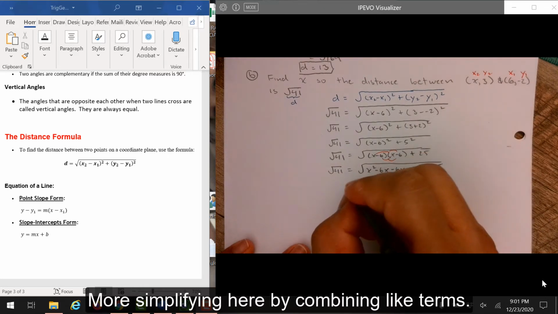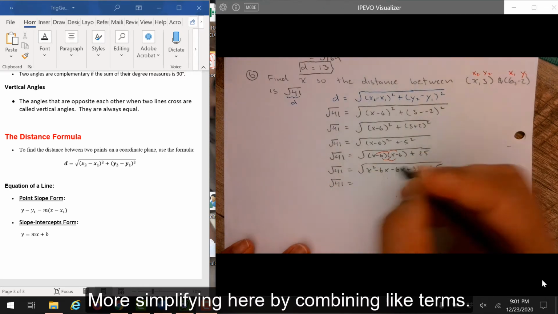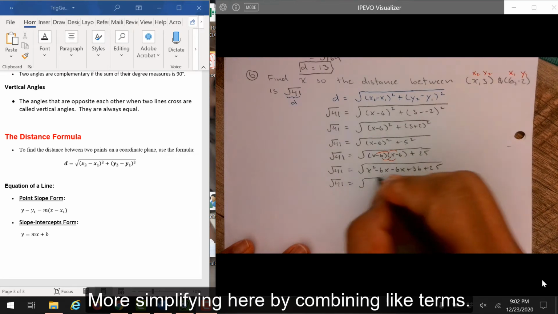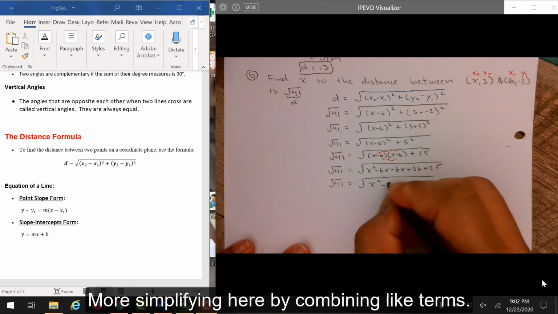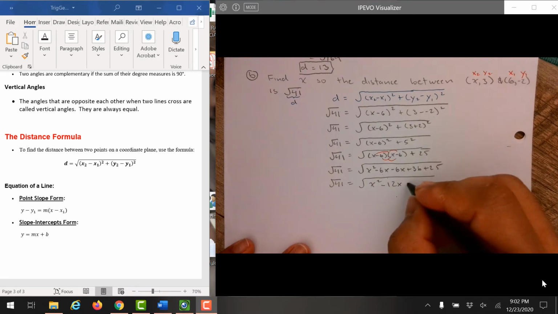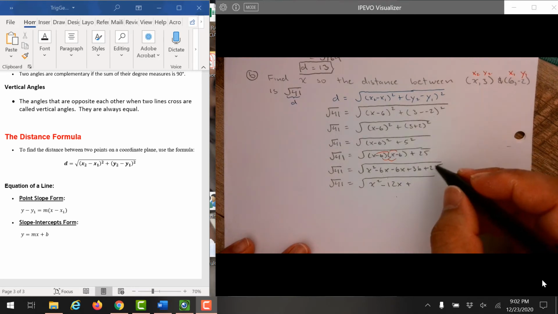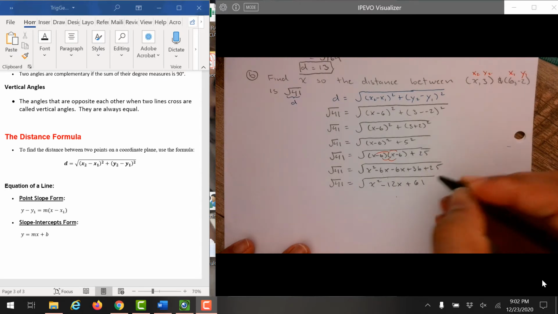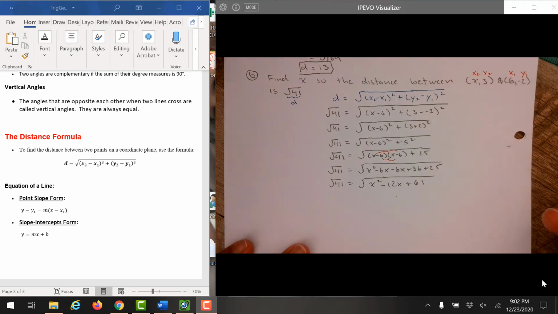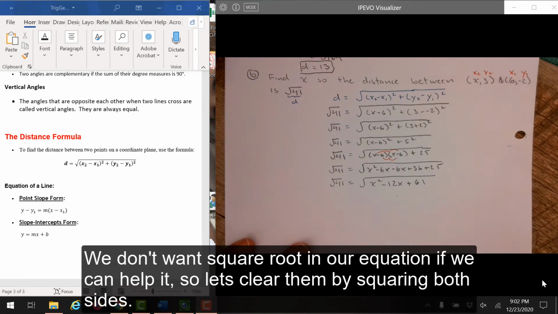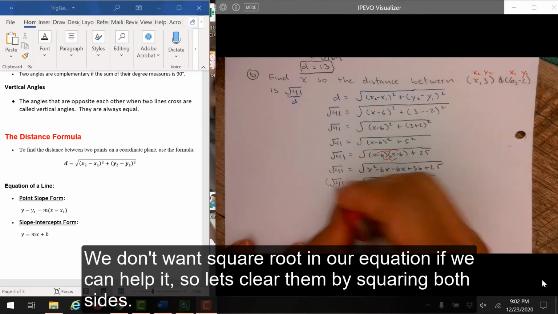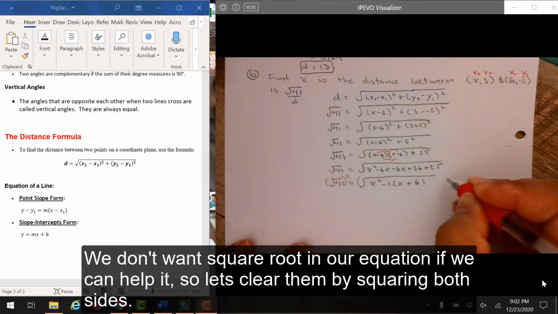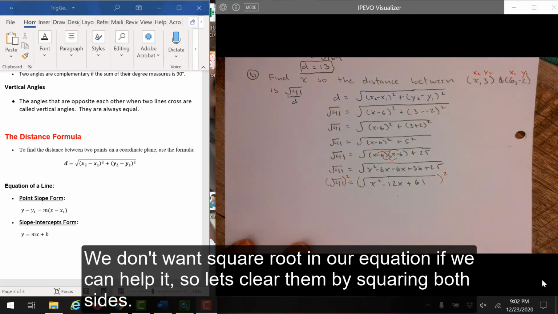More simplifying here by combining like terms. We don't want a square root in our equation if we can help it, so let's clear them by squaring both sides.